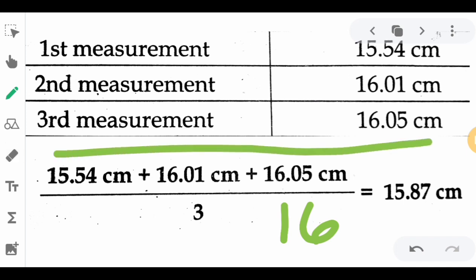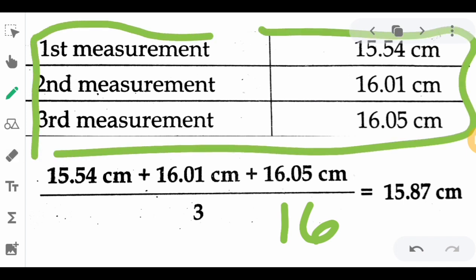The first measurement is close to 16, so this is accurate. The second measurement is close as well. The third measurement as well. Therefore, the data of the student are accurate. And since they are close to one another, they are also precise.